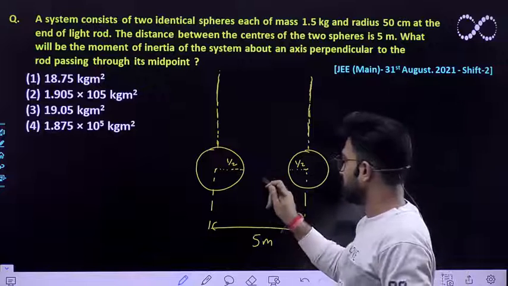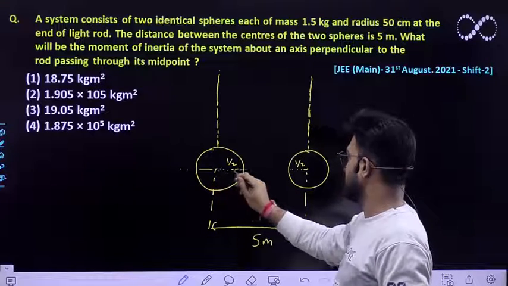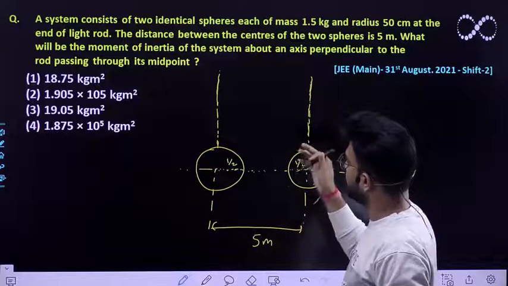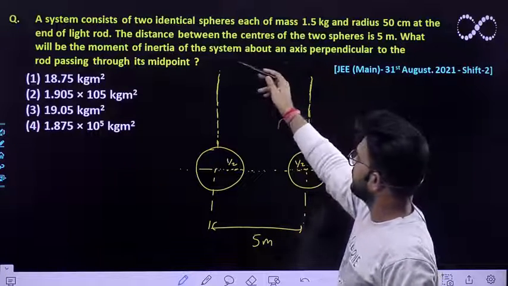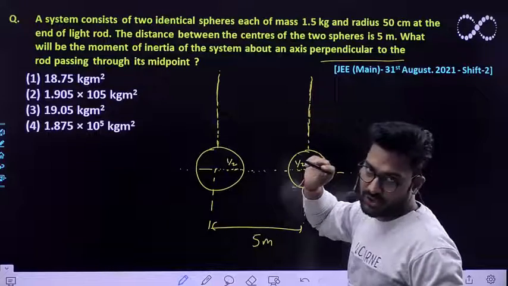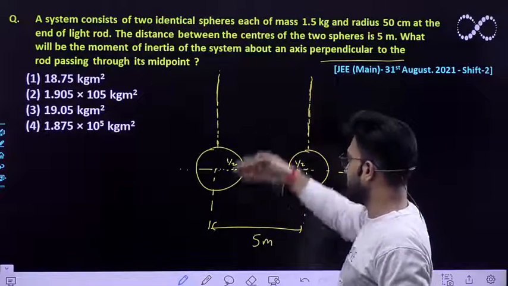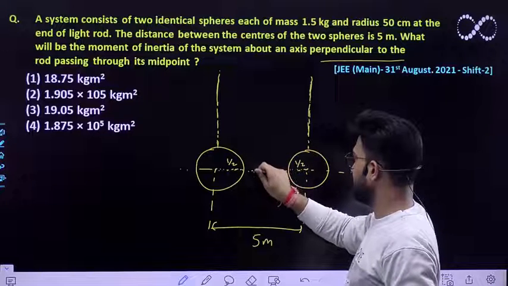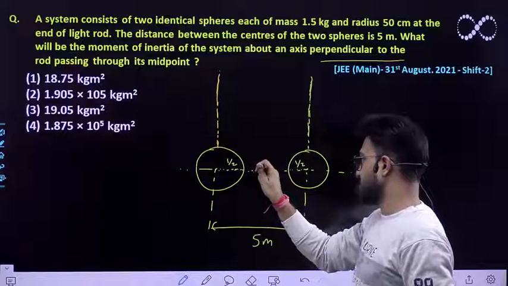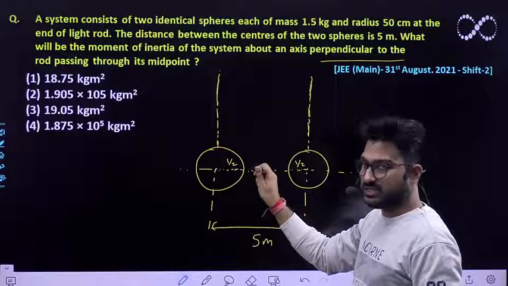So the rod is in this plane, so the axis has to be perpendicular to the rod and at the middle point. So here what would be the moment of inertia that you need to find out?